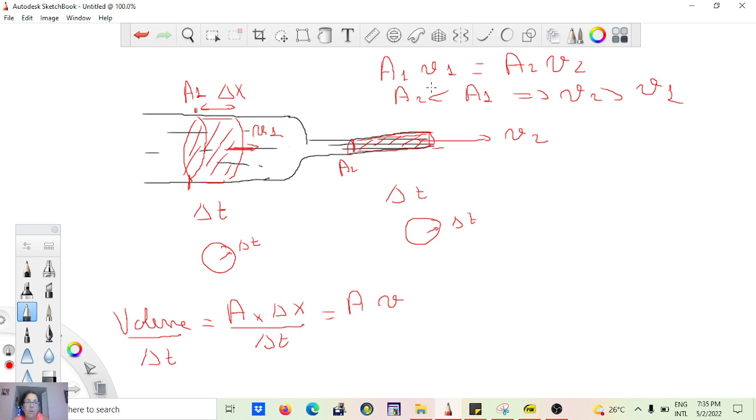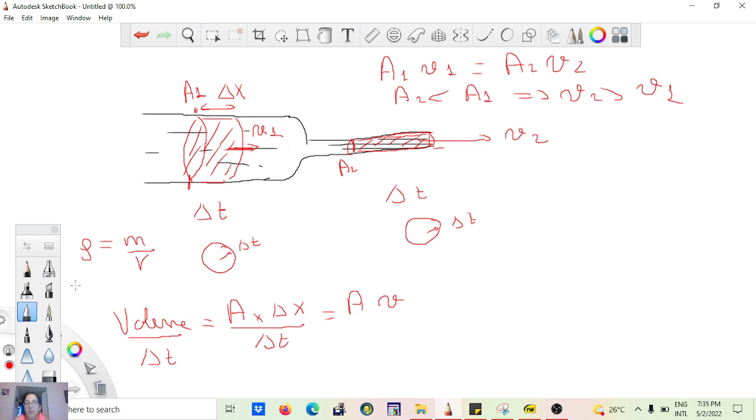That's going to be A1 V1, and this is called the continuity equation because there is conservation of mass or conservation of volume. So that's a volume, and you remember that rho equals mass divided by volume.